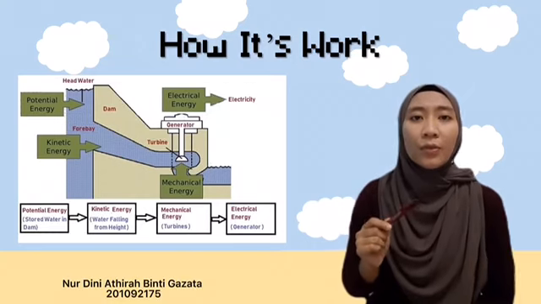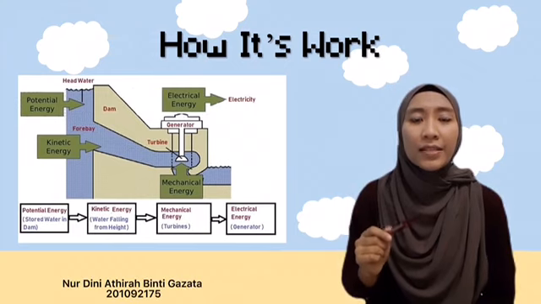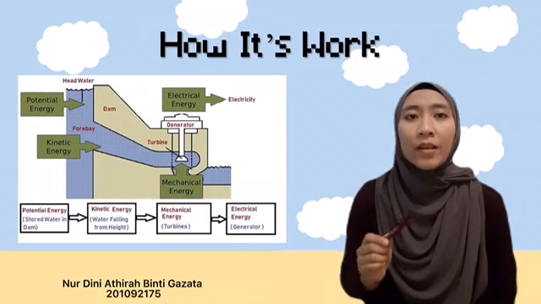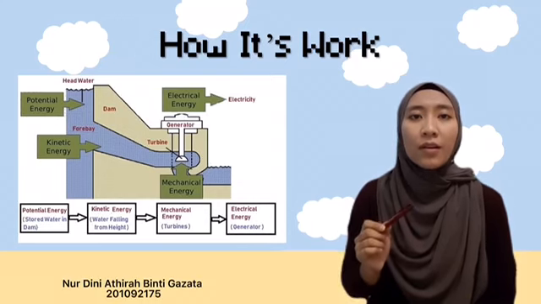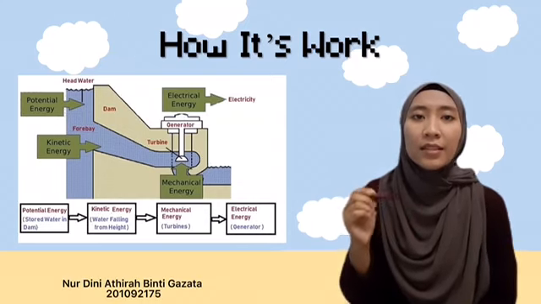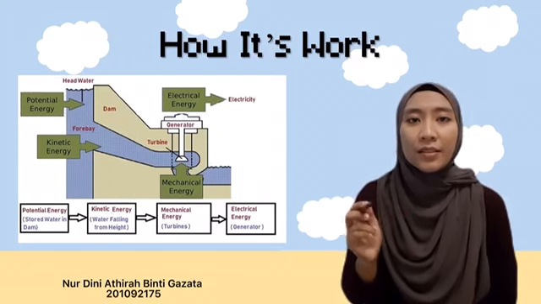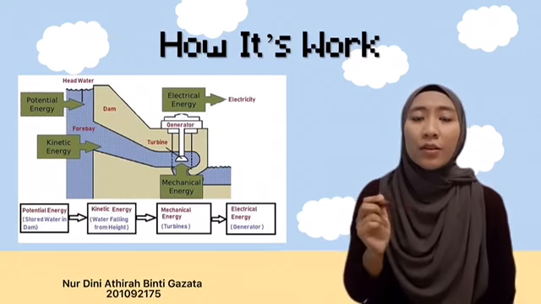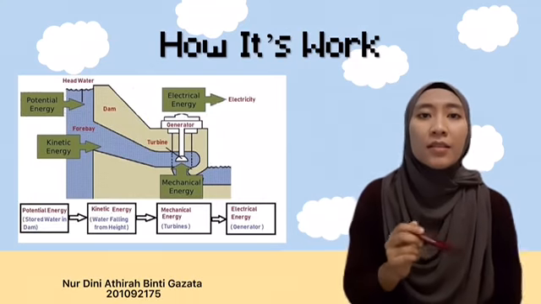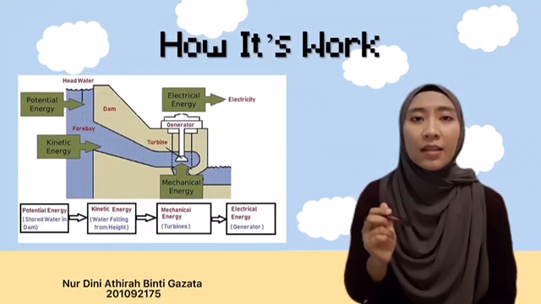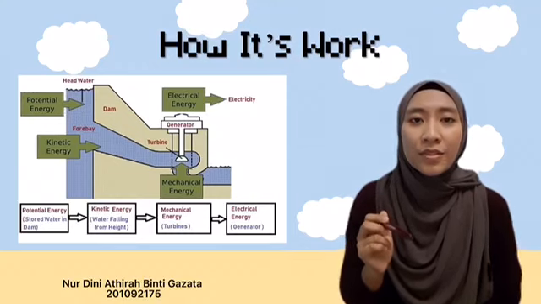The fast-moving water pushes the turbine blades, something like a pinwheel in the wind. The water falls on the turbine blades, then the rotor, the moving part of the electric generator. When coils of wire on the rotor sweep past the generator's stationary coil, which is the stator, electricity is produced.